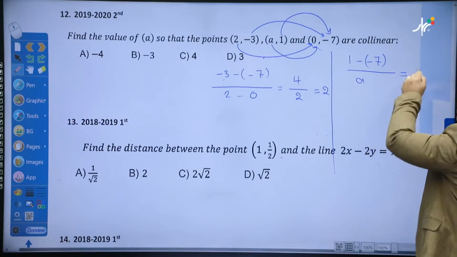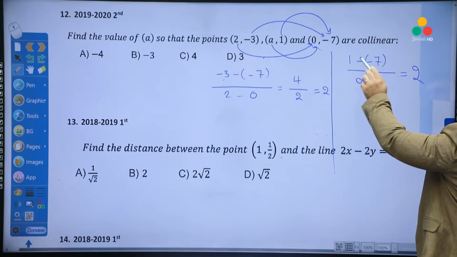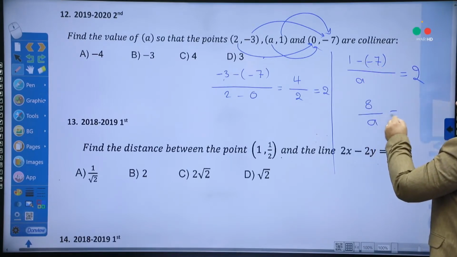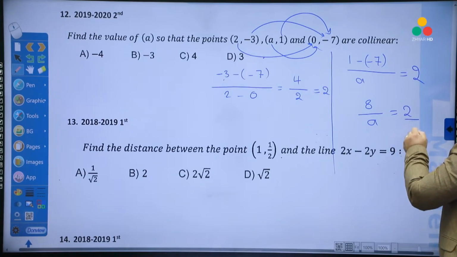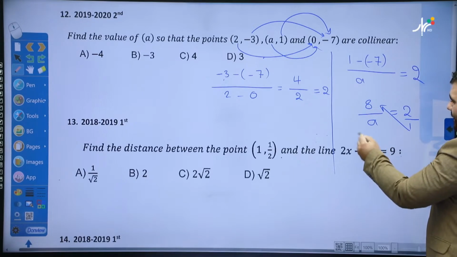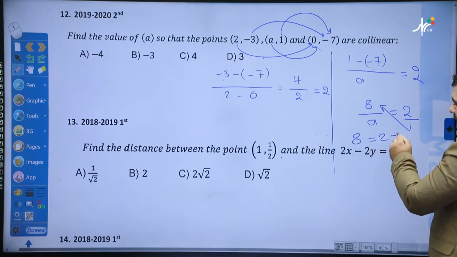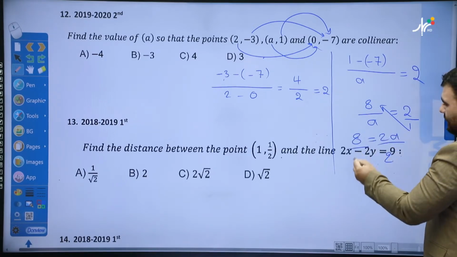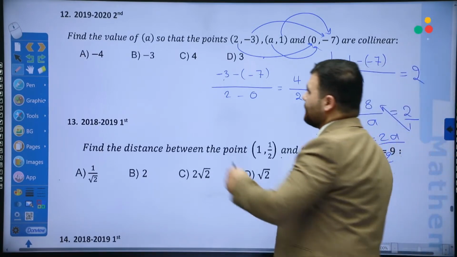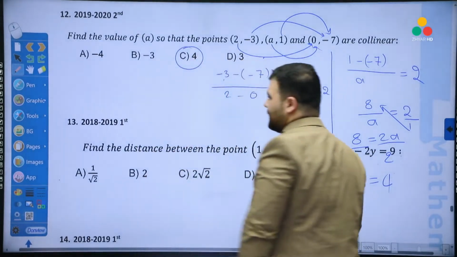This should be equal to 2. 1 minus minus will be plus, that's 8 over a equal to 2. The denominator of 2 is 1. Cross multiplication, 8 times 1 is 8 equal to 2a. Divide by 2, a is 4. A is 4 is choice C.